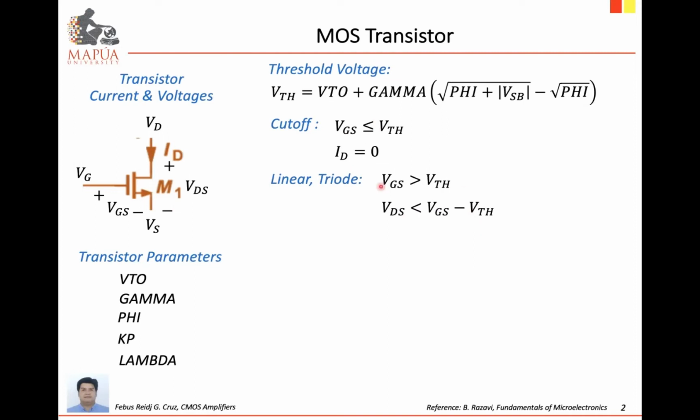If these two conditions are true, we are going to use this equation or model. ID equals Kp W over L, multiplied by the quantity VGS minus VTH multiplied by VDS minus 1/2 VDS squared.